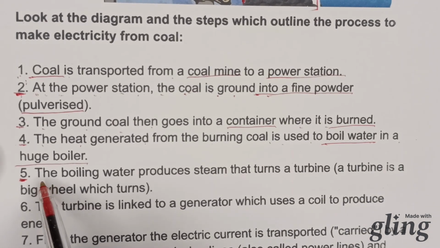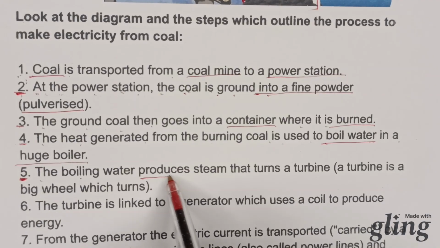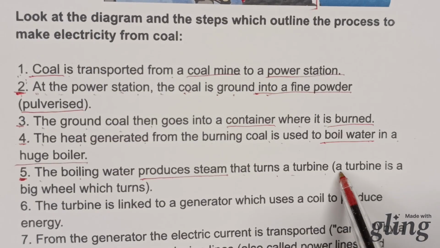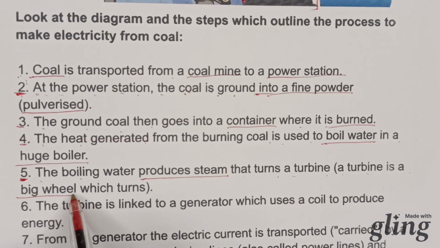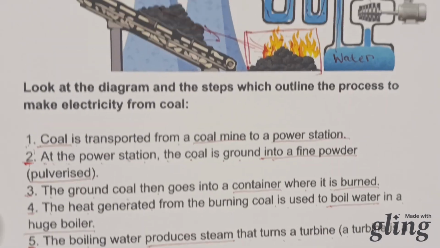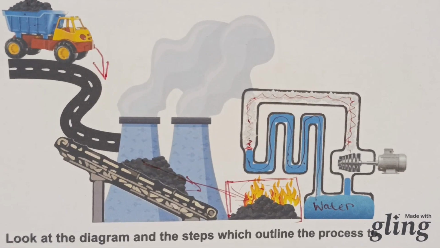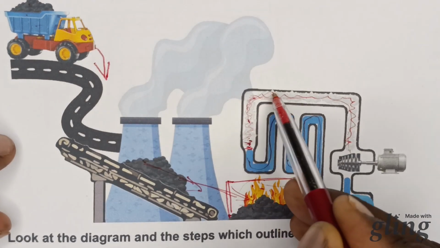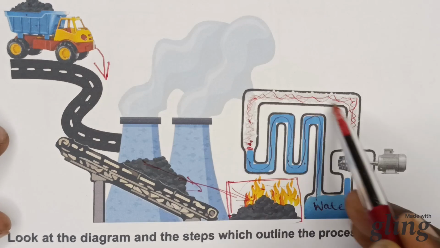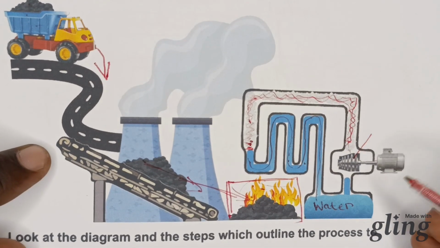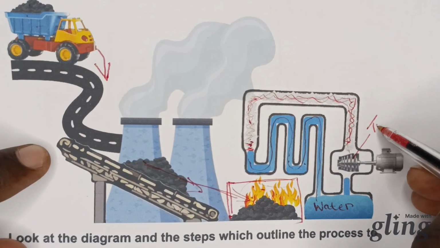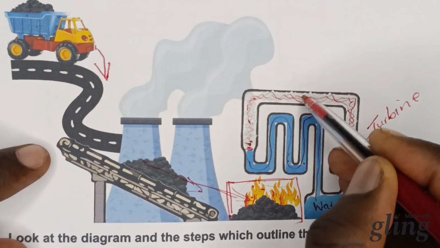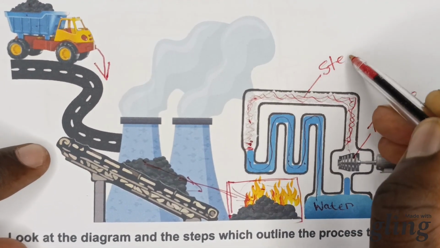So now number 5 says, the boiling water produces the steam that turns a turbine. A turbine is a big wheel which turns. So when this water is boiling here, it gives off this steam. This steam travels with high pressure and comes to this. This is what is called a turbine.